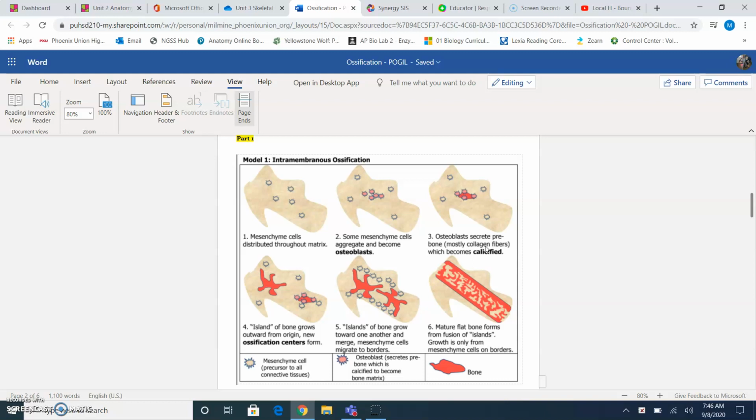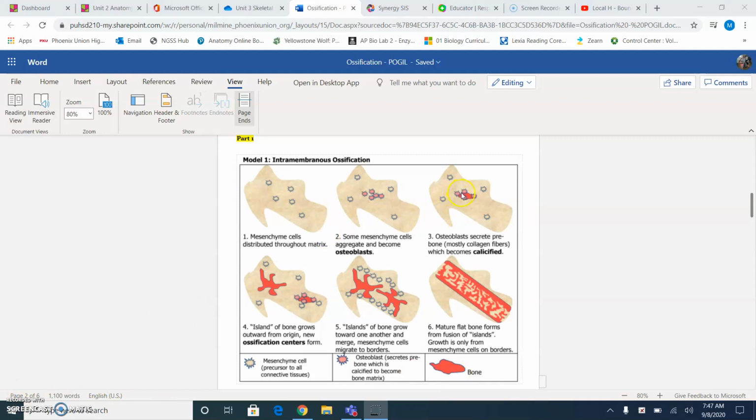That cartilaginous prebone secreted by the osteoblast is now starting to become calcified, and as it does that, we start to see the formation of this red substance. If we look down in our legend, it identifies that as bone tissue.